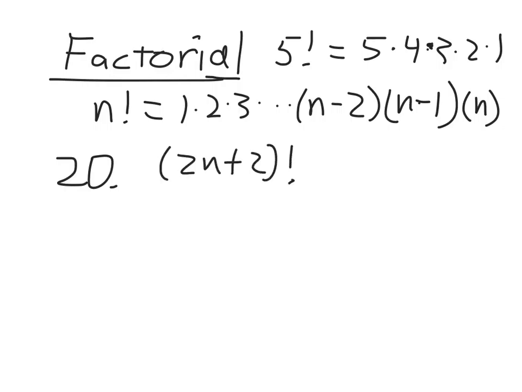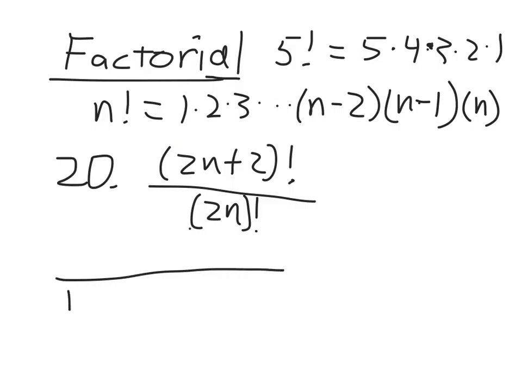We'll jump into one of the most complicated factorial expressions you'll see. Notice this is the quantity 2n plus 2 factorial over the quantity 2n factorial. It's not 2 times n factorial, but 2n is the quantity we're factorialing. Let's look first at the denominator and see what that means. We have 1 times 2 times 3.